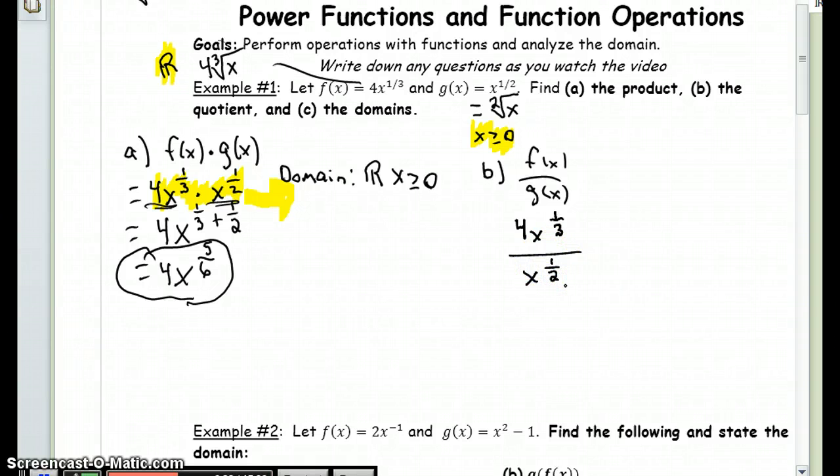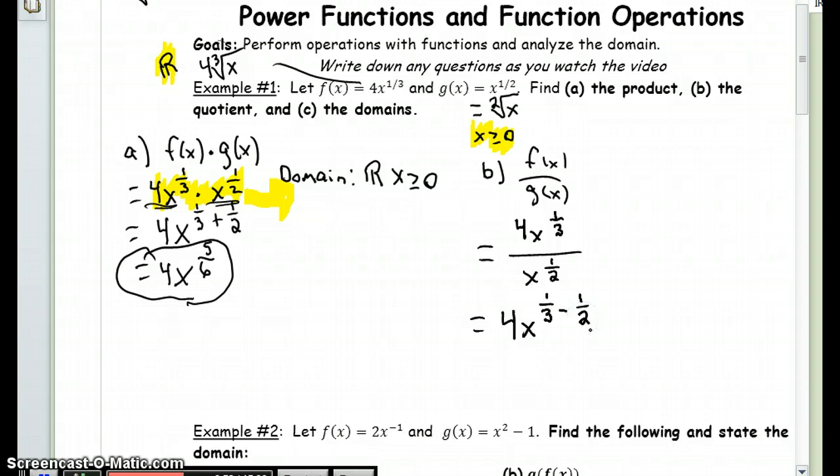Now, here, when we divide bases that are alike, we have to subtract the exponents. So instead of adding like in the last problem, we're going to subtract these exponents here. So what's going to happen is, I'm going to rewrite this as, again, I should write an equal sign, this is really going to be 4x to the 1/3 minus 1/2. And you can do this 1/3 minus 1/2 in your calculator.